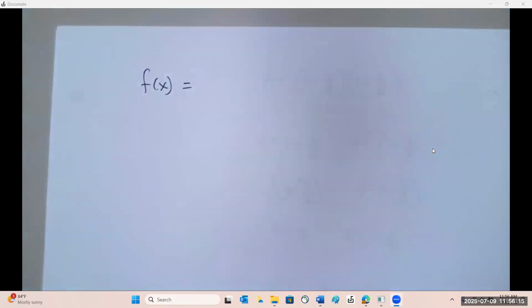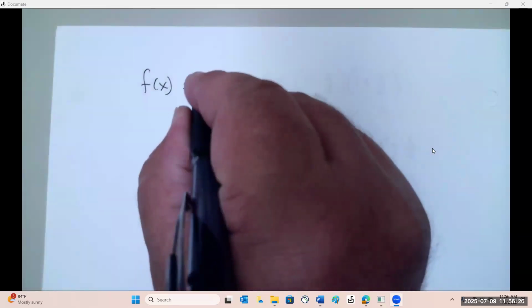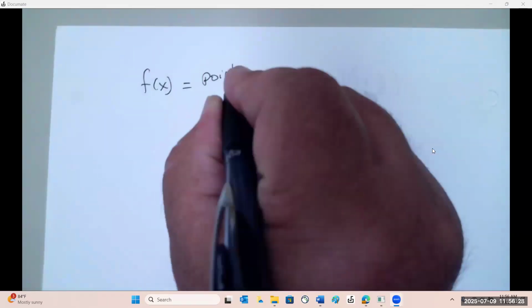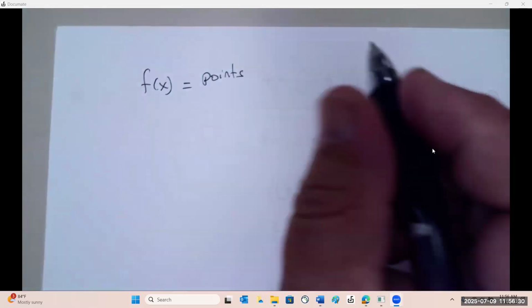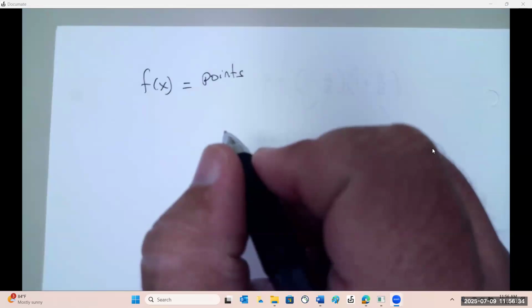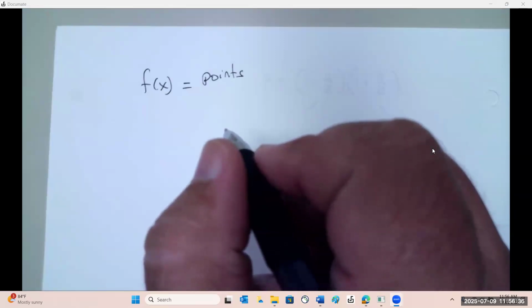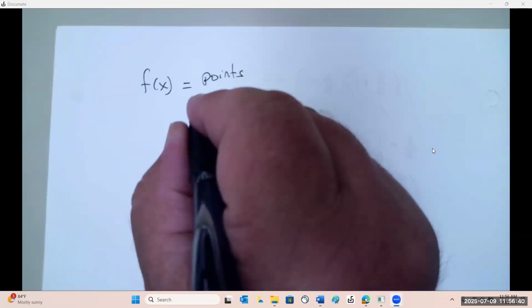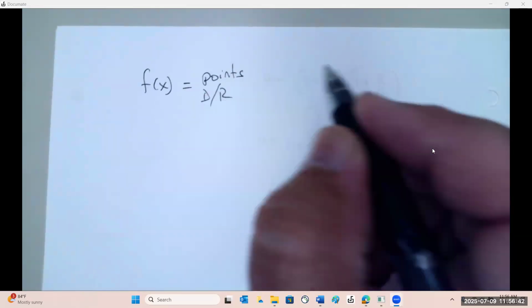What does f of x tell us? Points on the curve gives us the points. What else does it tell us? Domain, range.